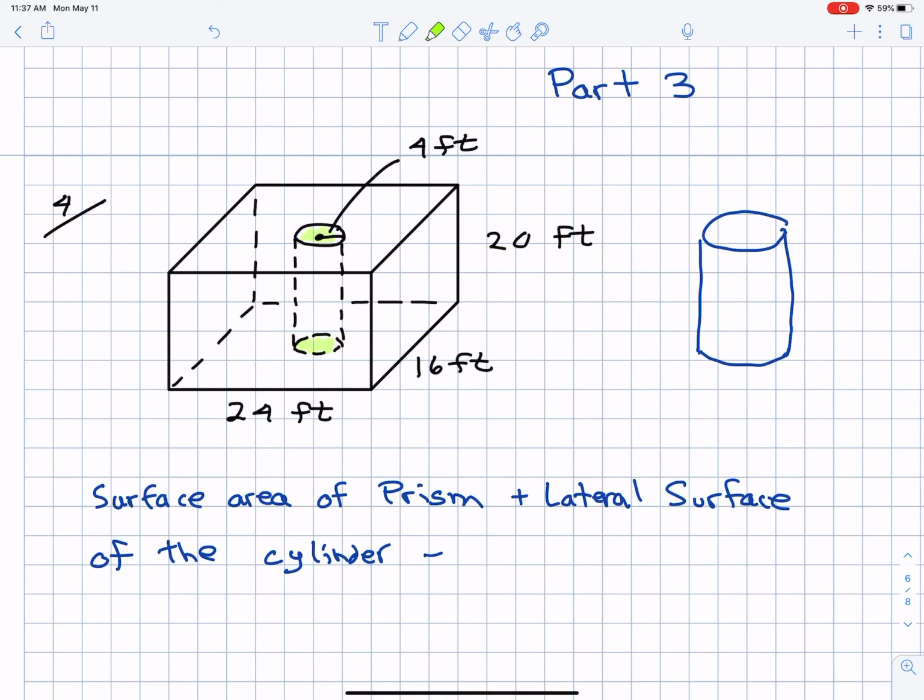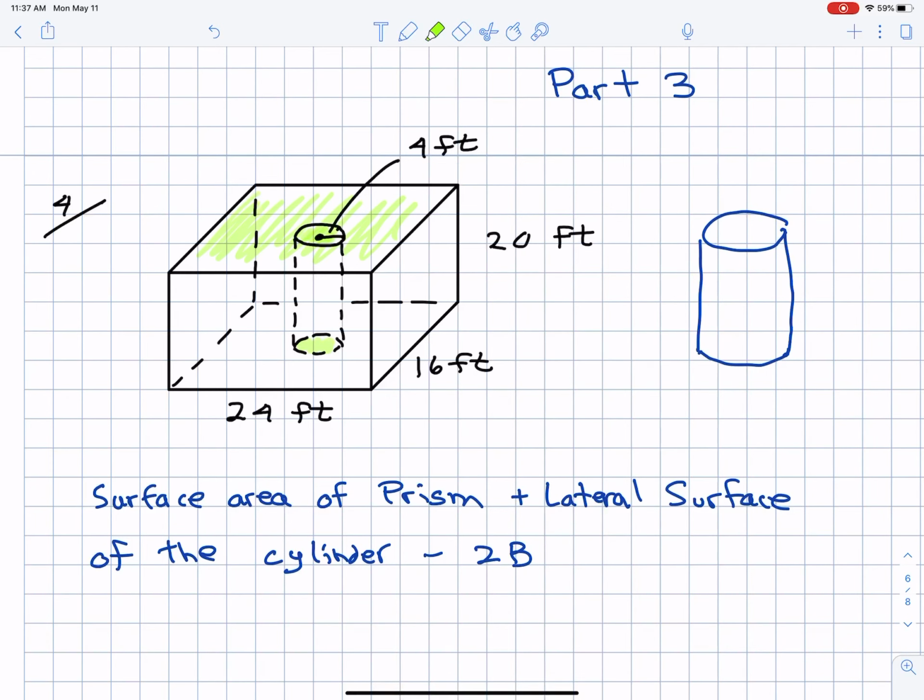So I have to remove them. So minus my two bases. And you might be saying, well, why do we have to remove them if we just don't take them into account? But remember, when we found the surface area of the rectangular prism, we included those small circles. So we have to remove them. Okay, hopefully that makes sense.